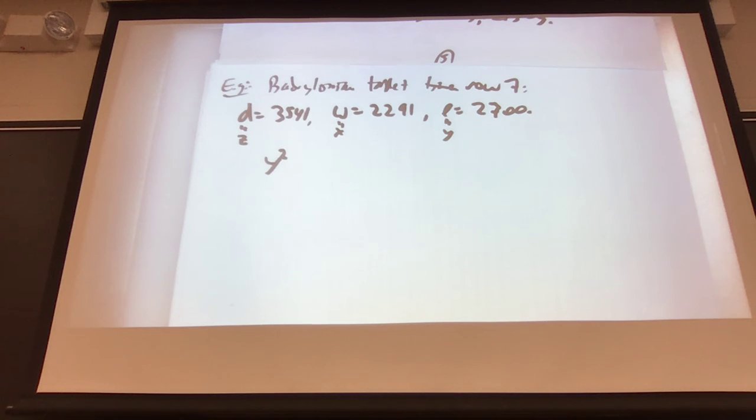And you're going to add 25 and 4 and get up to 3541. You want two numbers whose squares add up to 3541. Their difference is 2291, and twice their product is 2700. It would be rather non-trivial if we had to just prove this theorem.